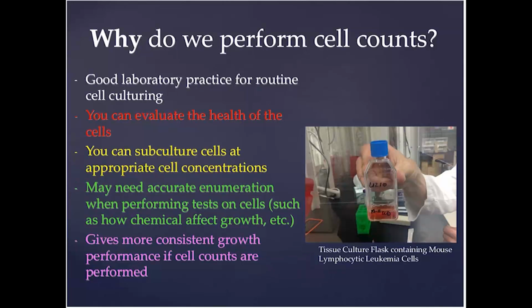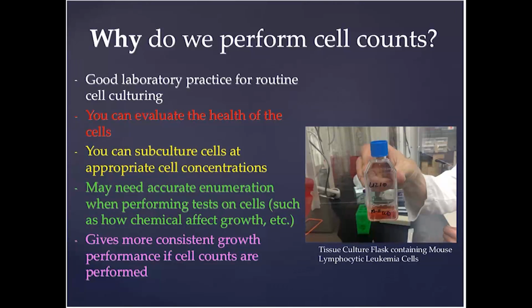The second reason why we want to perform cell counts is because you learn to subculture cells, and we try to subculture cells at appropriate cell concentrations. That means we try to keep the cells in a phase that we refer to as the log phase, which means the cells are not kept in too low numbers, but also not at too high concentration, because that often leads to depletion of medium, and then the cells may die because they don't have enough nutrients left.